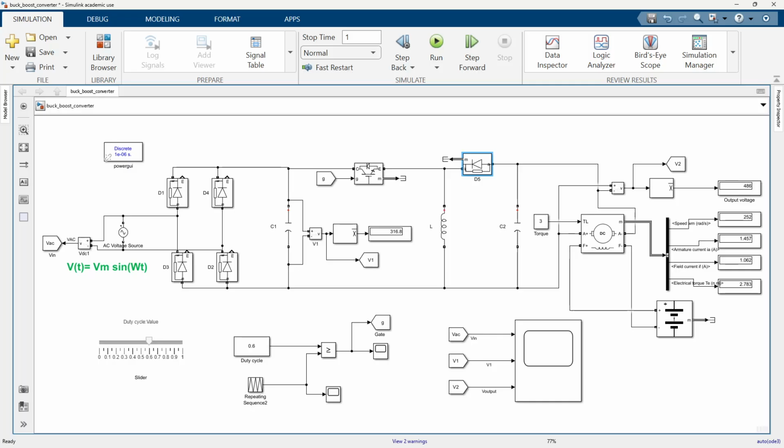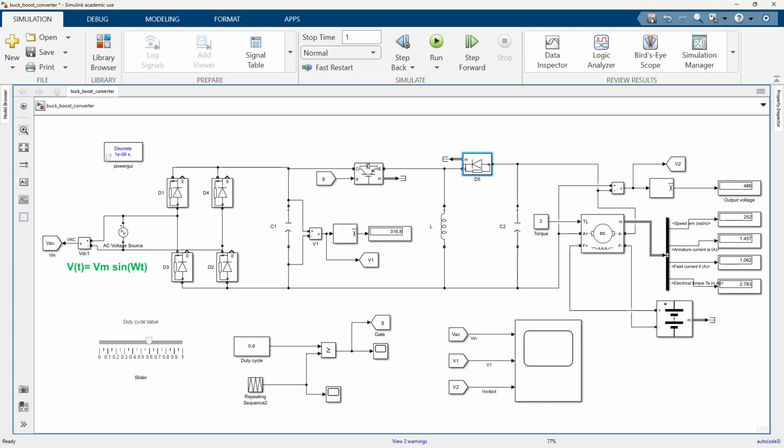The buck converter will step down the high DC-link voltage V1 to a lower and controlled DC voltage suitable for the motor. The converter consists of, as I showed, all of these diodes, IGBTs and capacitors, and this slider switch is used to control the pulse width modulation or PWM.